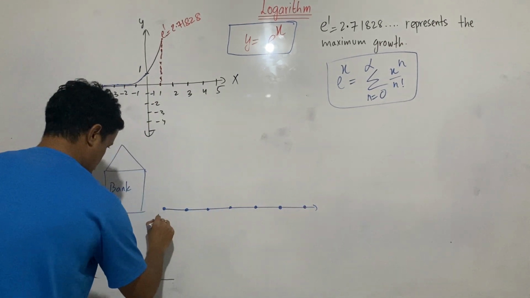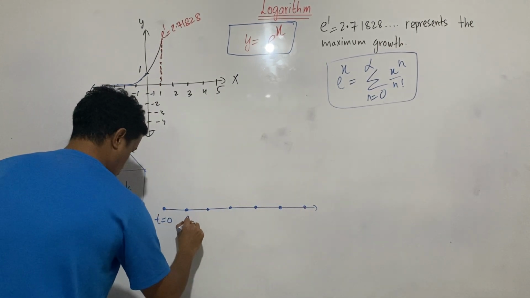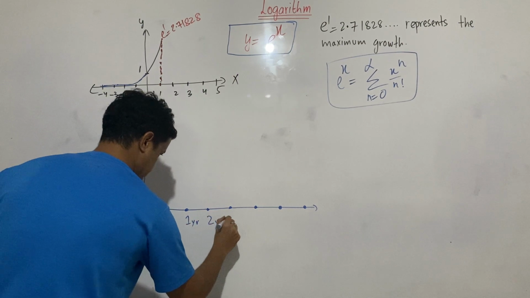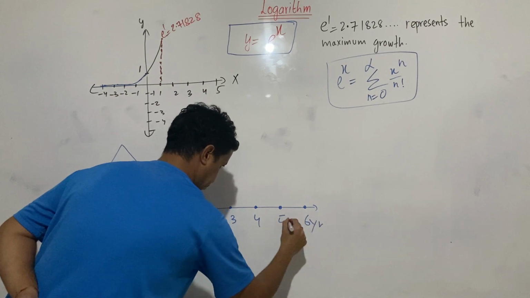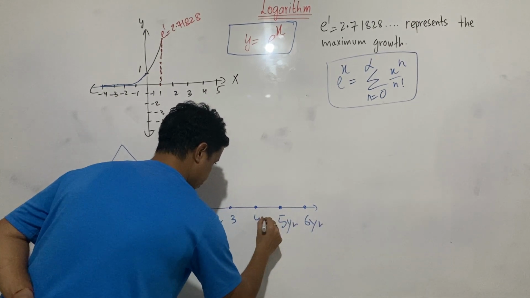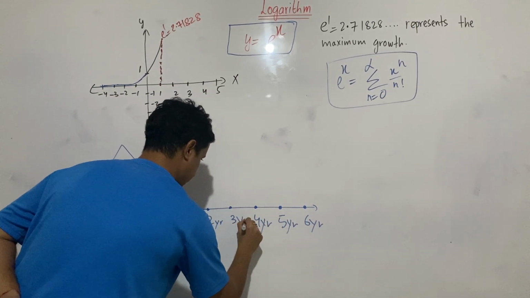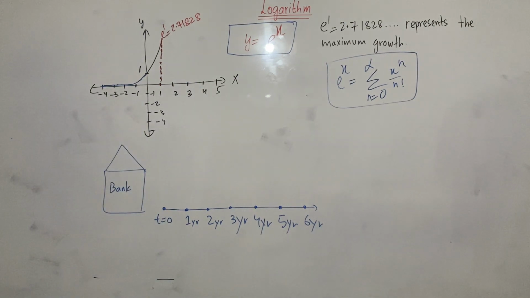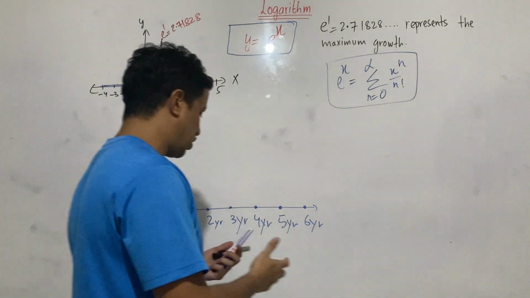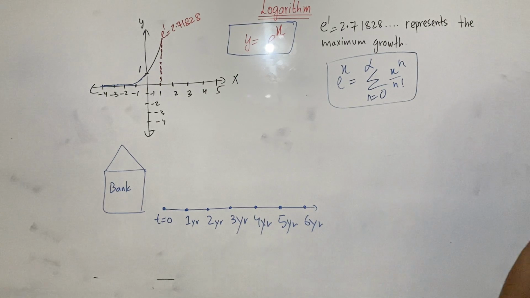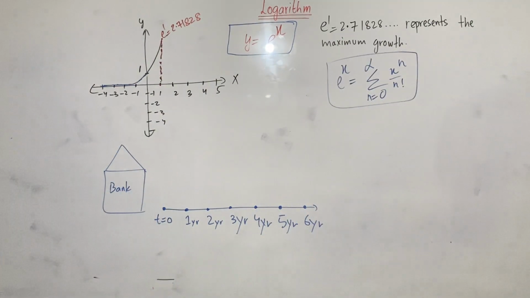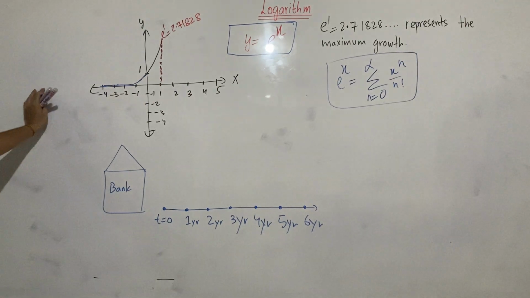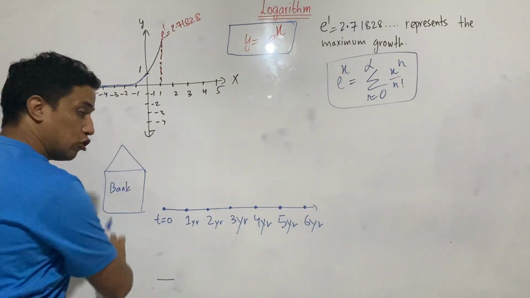This is t equal to 0, 1 year, 2 years, 3, 4, 5, 6 years. Now see here, we'll start with $1.